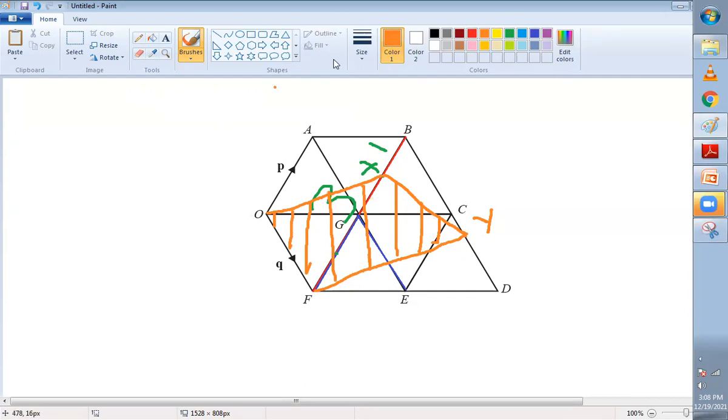Because the Y is on the BD and the BD is basically parallel to OF, this XY, because the X is on the BF, can never be parallel to OF. So because OF and XY are not parallel to each other, 100% OX and FY are supposed to be parallel to each other.